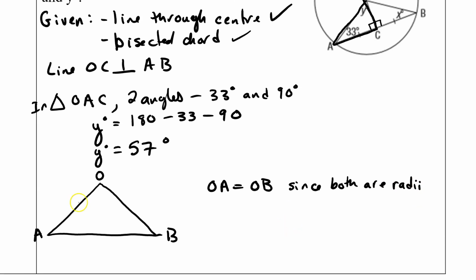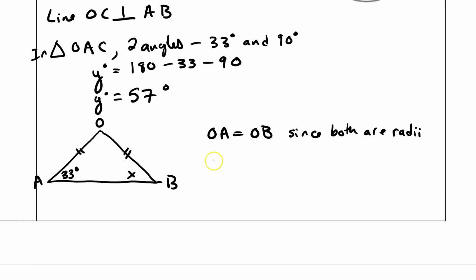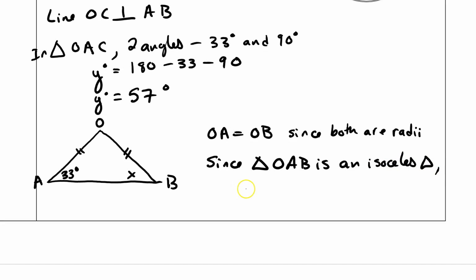That means I can make little tick marks here, and I know that this angle right here is 33 degrees. We want to find X. Since triangle OAB is isosceles, the measure of angle X equals 33 degrees as well, because when the lengths are exactly the same, the angles that they make with the base are the same too.